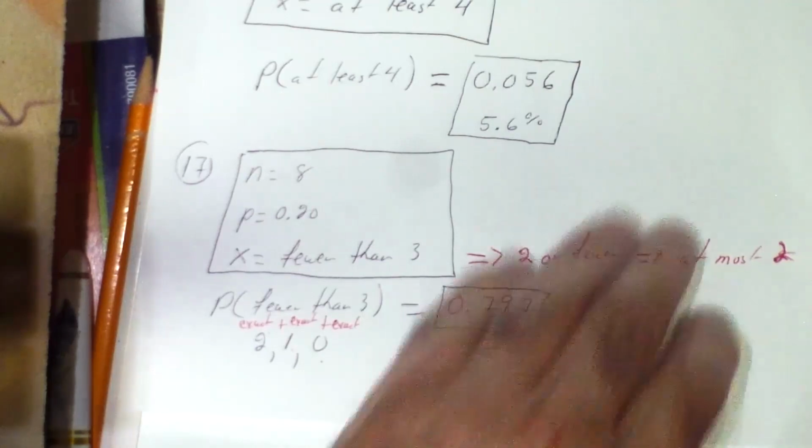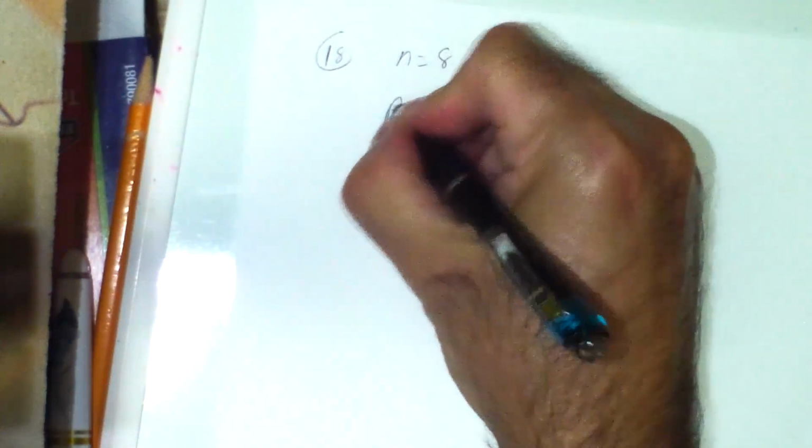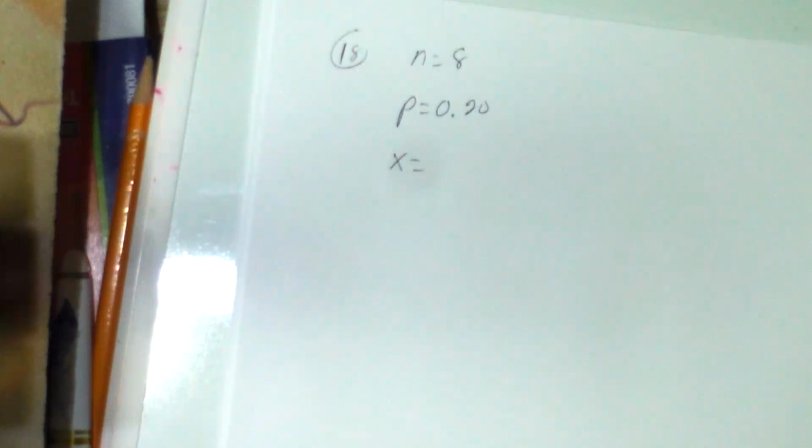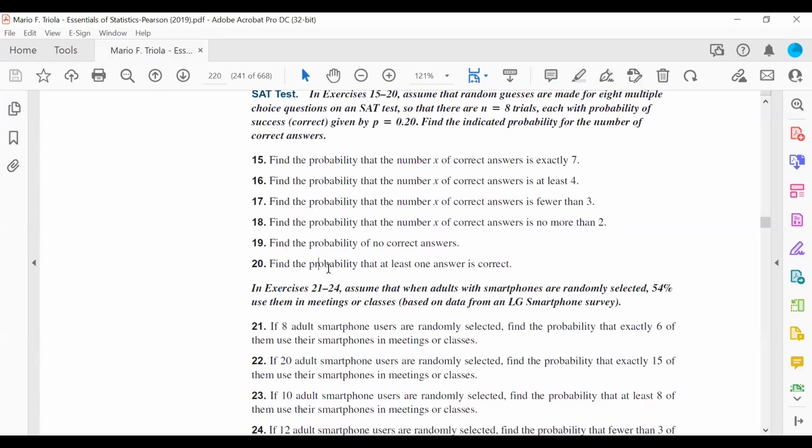All right, 18. N is still 8, p is 0.20, and x is, let's see what 18 is asking us to find. It says, find the probability that the number x of correct answers is no more than 2. I have to write that specific title: probability P of no more than 2.